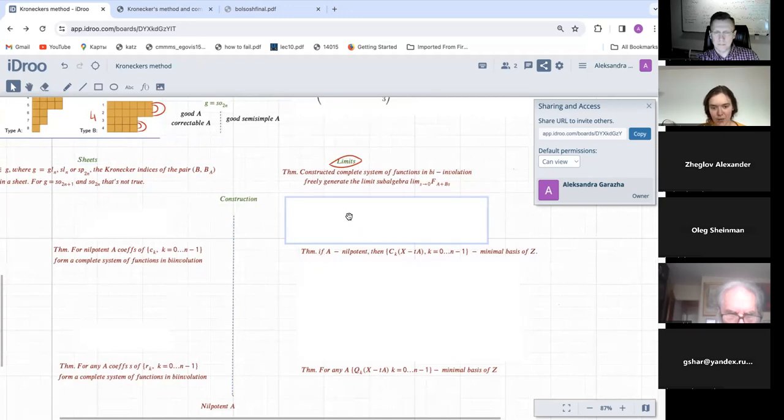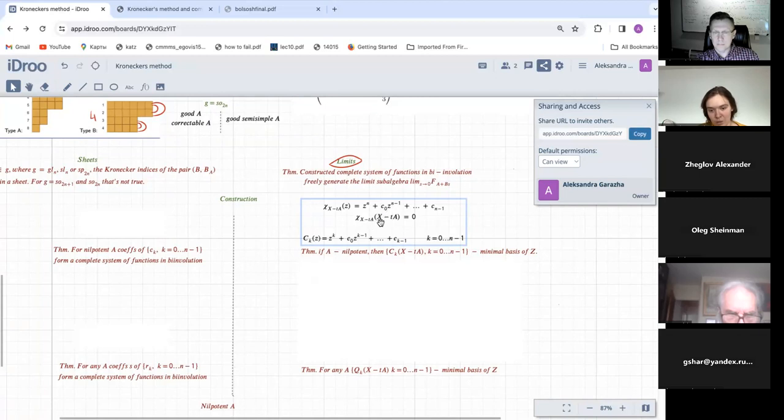First of all, I found this minimal basis in the case when element A is nilpotent. It was not too hard. I knew that if we take the characteristic polynomial of the matrix X minus tA, and put X minus tA as a variable here, I will obtain 0.